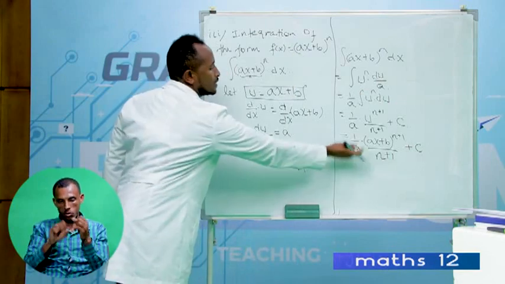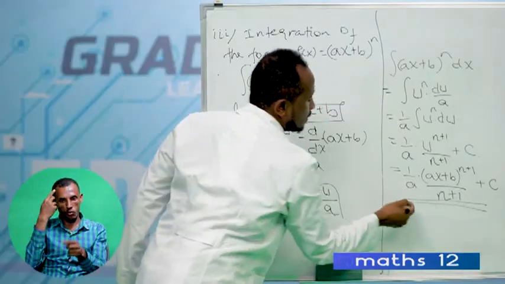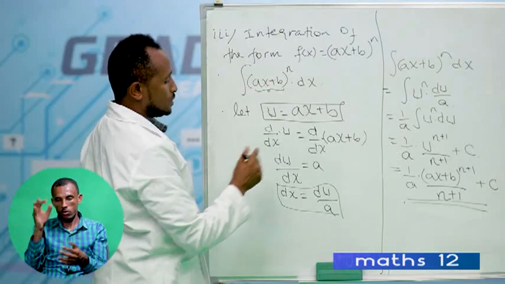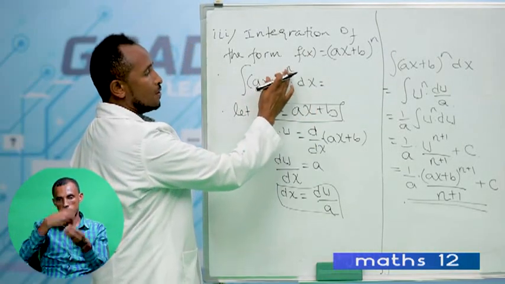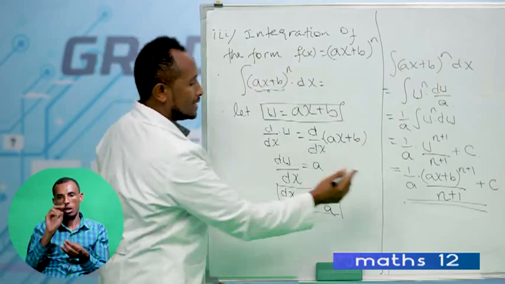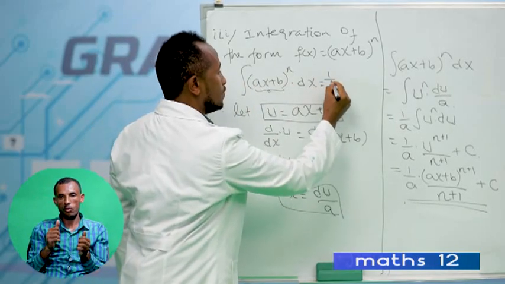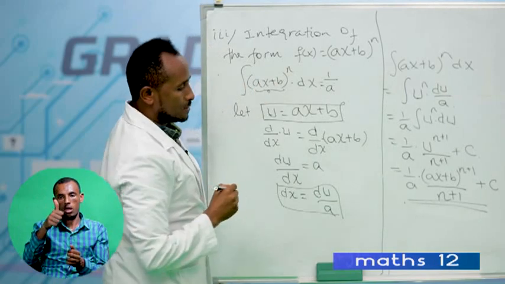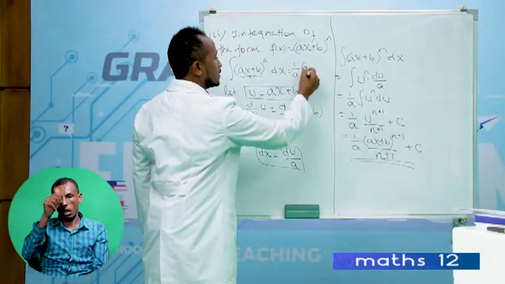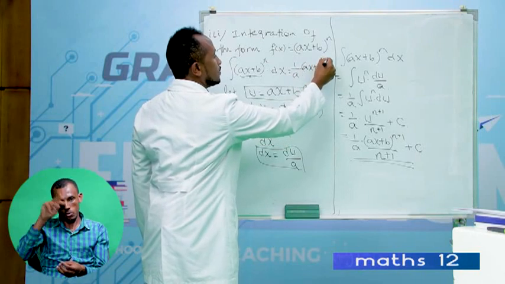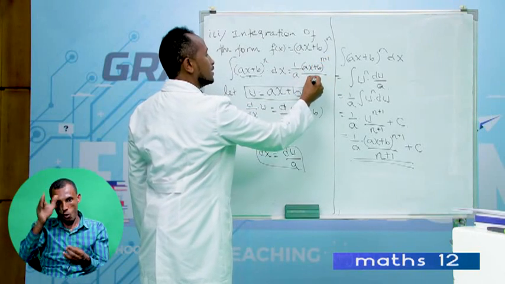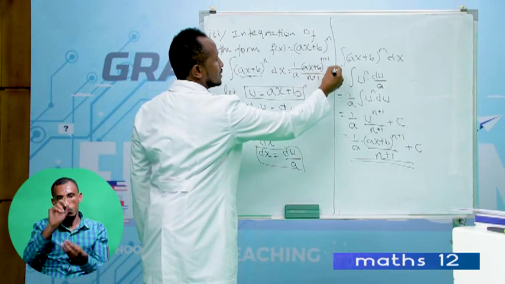So this is the answer for the integration of this expression. The integration of ax plus b to the power of n dx is equal to 1 over a times ax plus b to the power of n plus 1 over n plus 1 plus c.